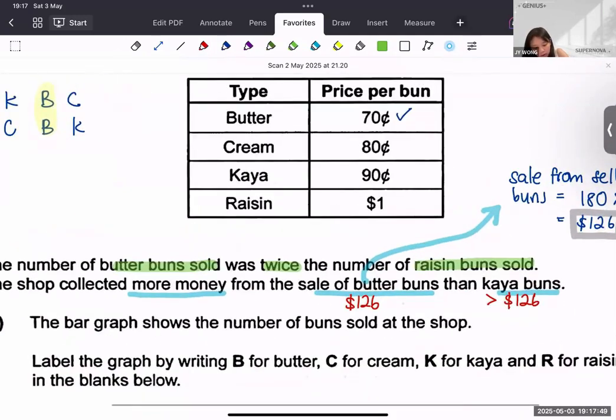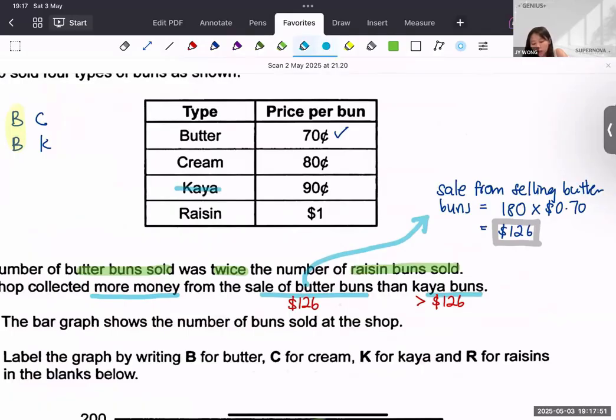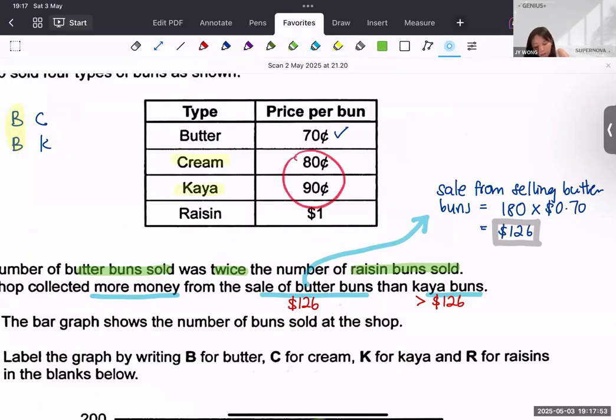Both are more expensive than butter. Butter has 180. Then the next 2 numbers that we have are 100 and 150. So we want to know which one belongs to cream, which one belongs to kaya. We do not know, so we are trying to work it out.